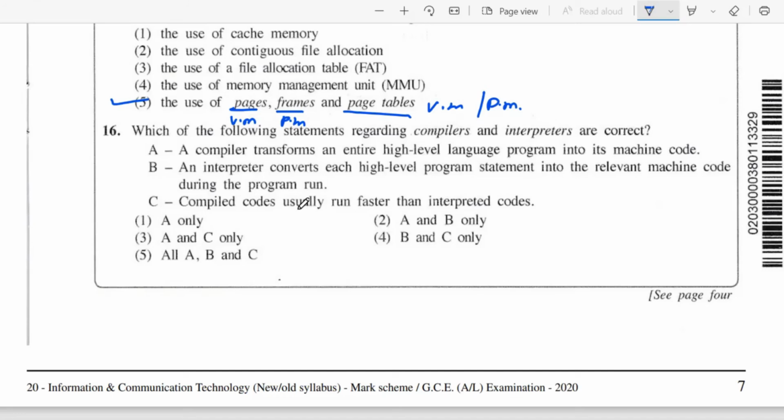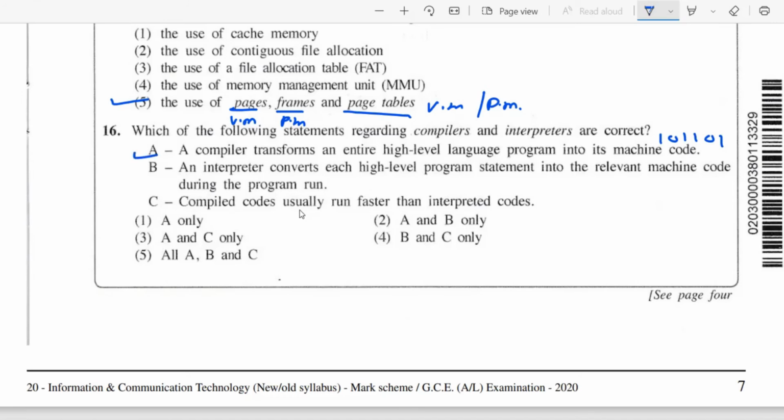In high-level languages, we use English words, decimal numbers, and symbols in a more meaningful way. Those kinds of languages are called high-level languages. Into its machine code. Machine code means the binary language. So a compiler can transfer the entire high-level program into machine code at once.